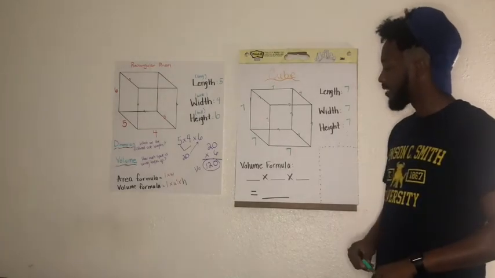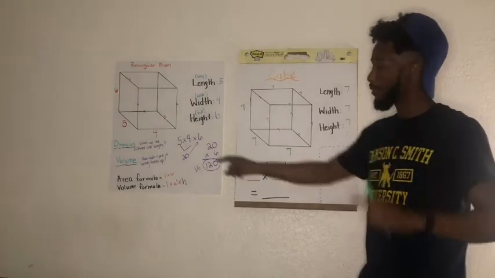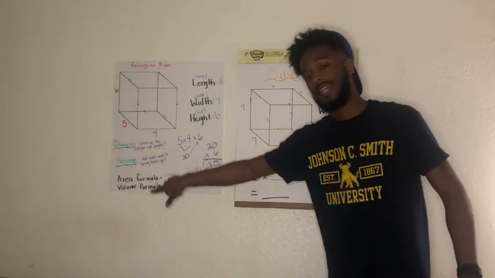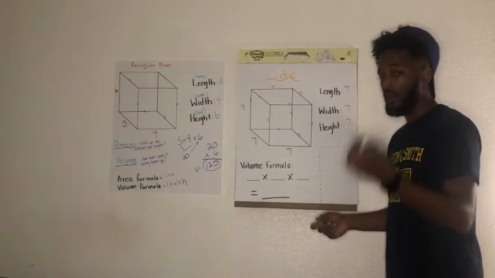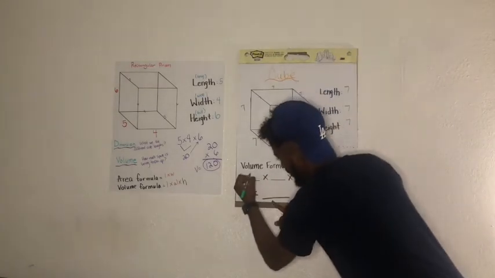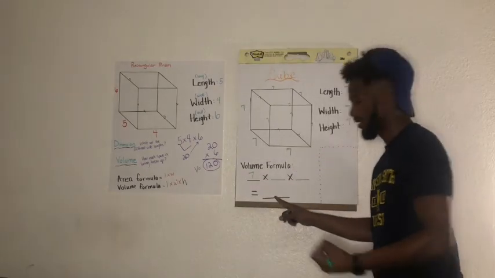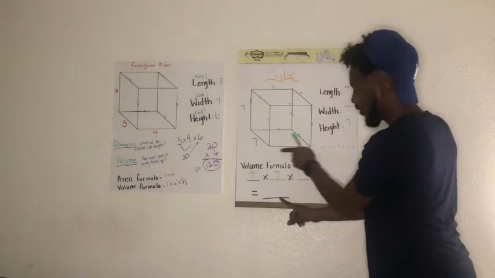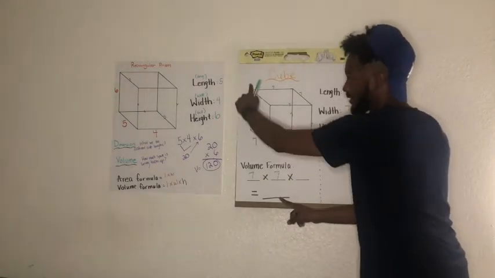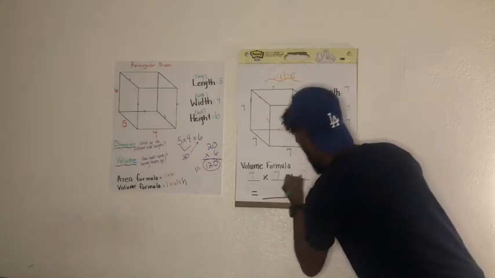Taking a look at the bottom, our volume formula, we know from our previous example, is length times width times height. Here, we only have the option of 7, or the measure of 7. So my length is 7 times my width, and now times the height, how tall it is, 7.